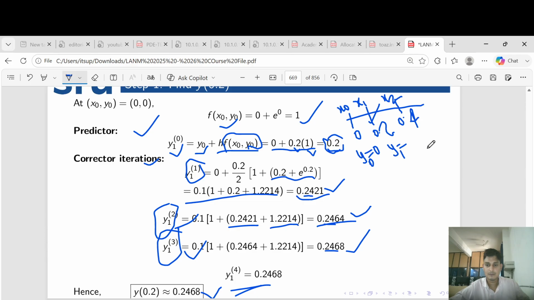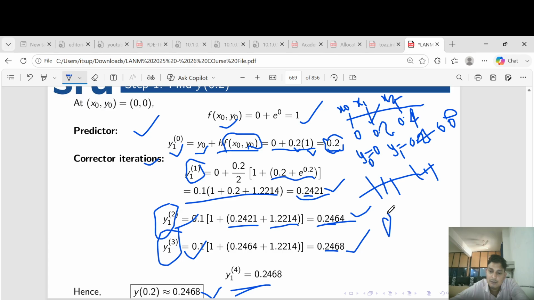So this becomes 0.2468. This is the methodology: suppose the initial approximation of the differential equation is given, then you evaluate further iterations, what is the value at x1, at x2, at x3. This is numerical integration, the numerical solution of differential equations.